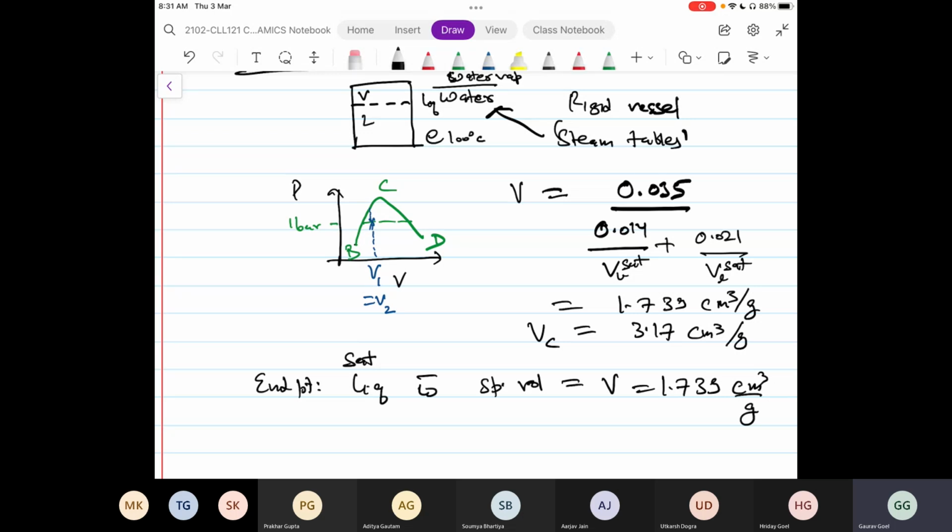Is this sufficient to tell everything else about the endpoint? Pressure, temperature, enthalpy? Can I do all of that calculation now? Yes, no, do I need more information or is it sufficient?